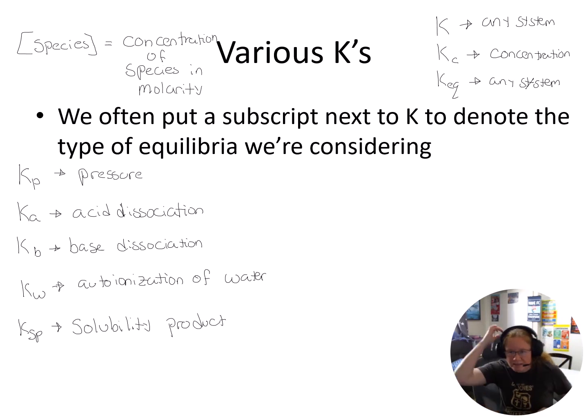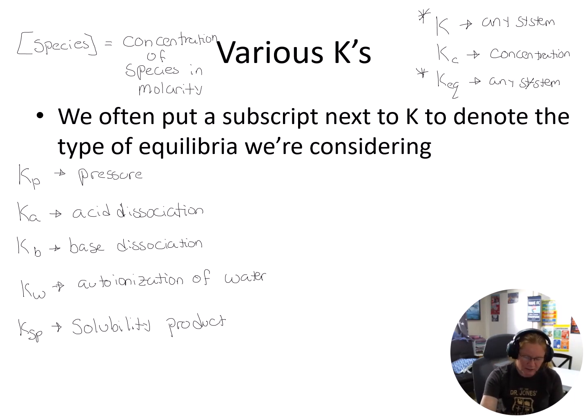That looks at substances that are either very slightly soluble or considered to be insoluble, just how much might actually dissolve. And so they all go back to this. Everything goes back to K or Keq. But when we put those subscripts there, it lets us know immediately the type of system we're looking at.